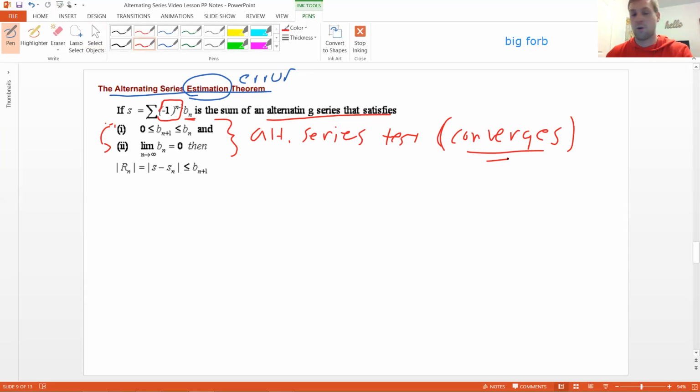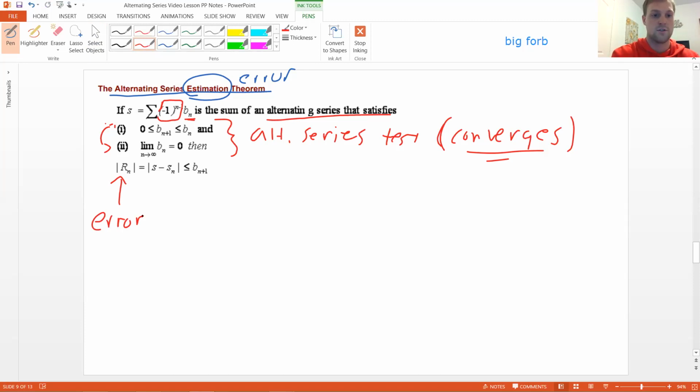So I'm going to write out what each of these pieces mean. This literally means error. The R stands for remainder. The remainder is what's left over if I'm just taking the sum of a partial amount of the terms. What's left over is considered the error in the approximation.